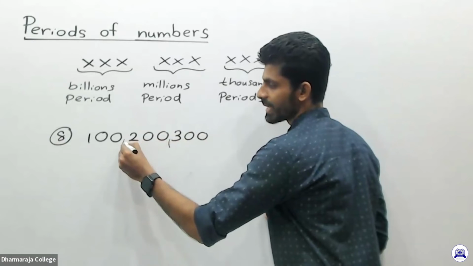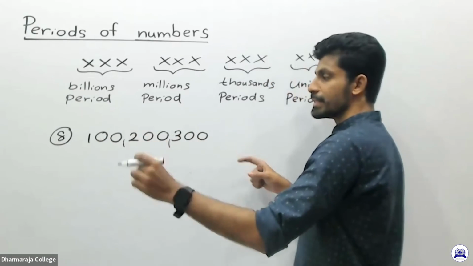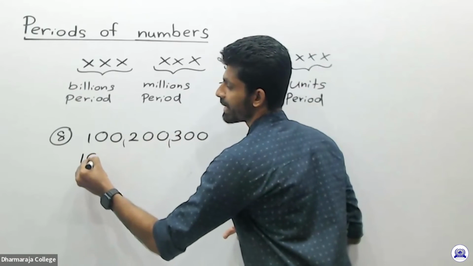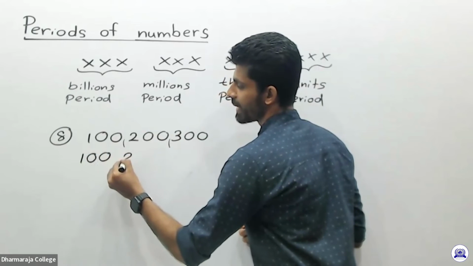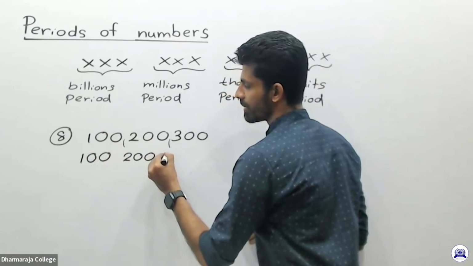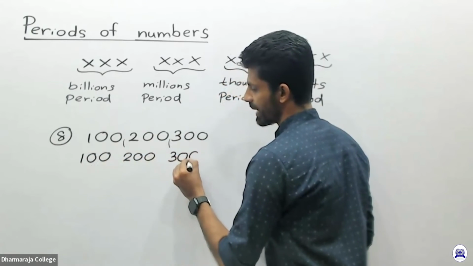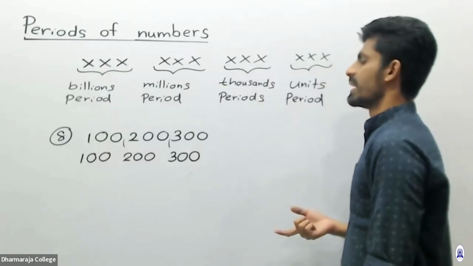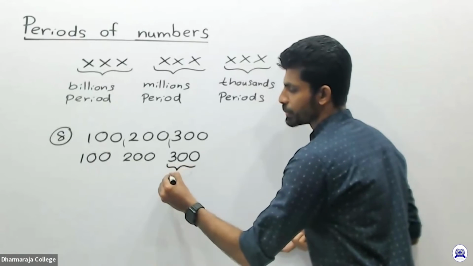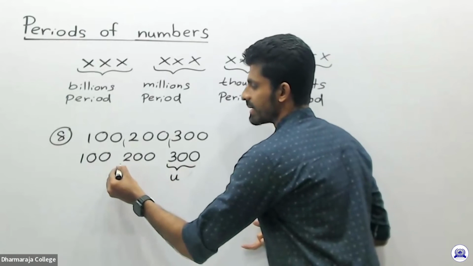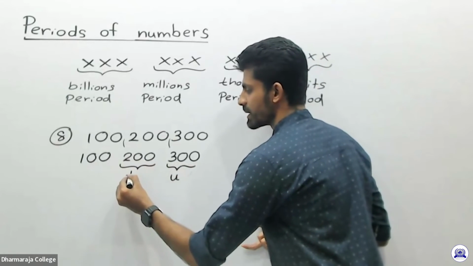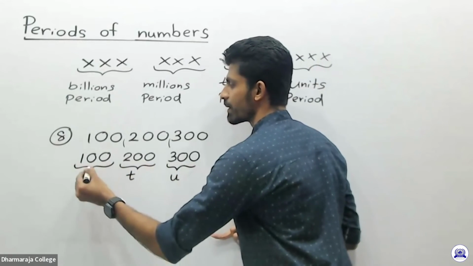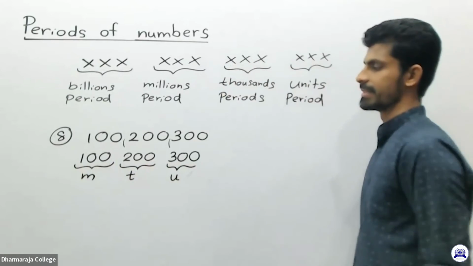Then you can separate into the periods. 100 space, 200 space, 300. This one equals units, this one equals thousands, this one equals millions.